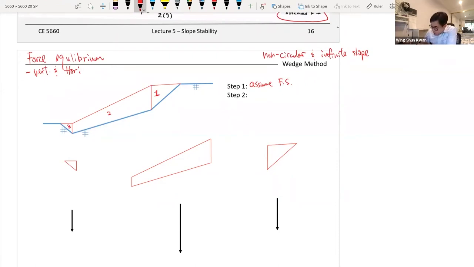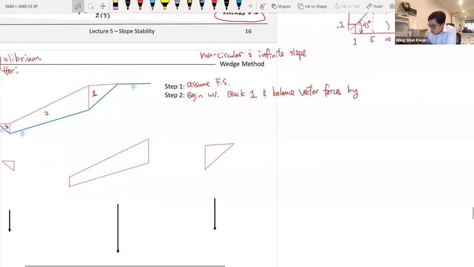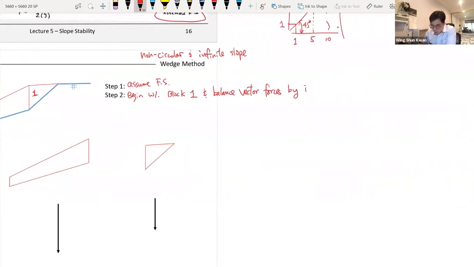And then you begin with the first block and try to balance all the vector forces by iterating the factor of safety.